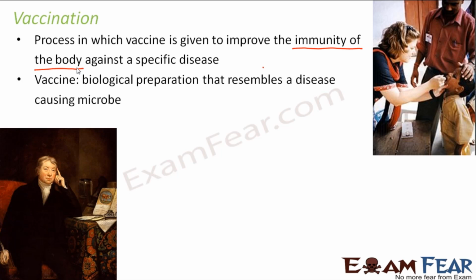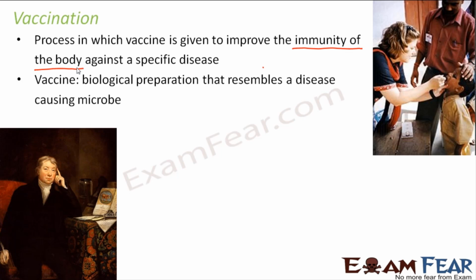Now what happens? The immune system sees that microbe for the first time, right? So the immune system tries to fight back. Since the microbe given in the vaccine is a very weak or dead microbe, it does not harm the body too much. So the immune system is able to manage that vaccine.